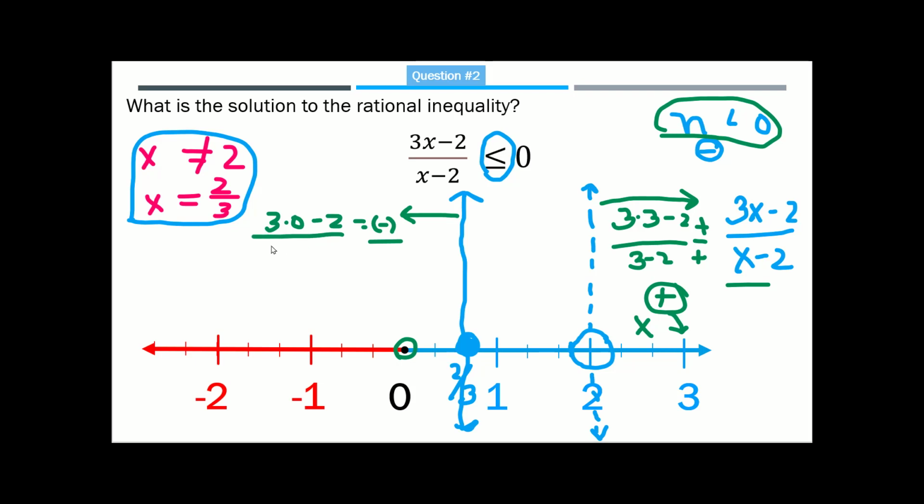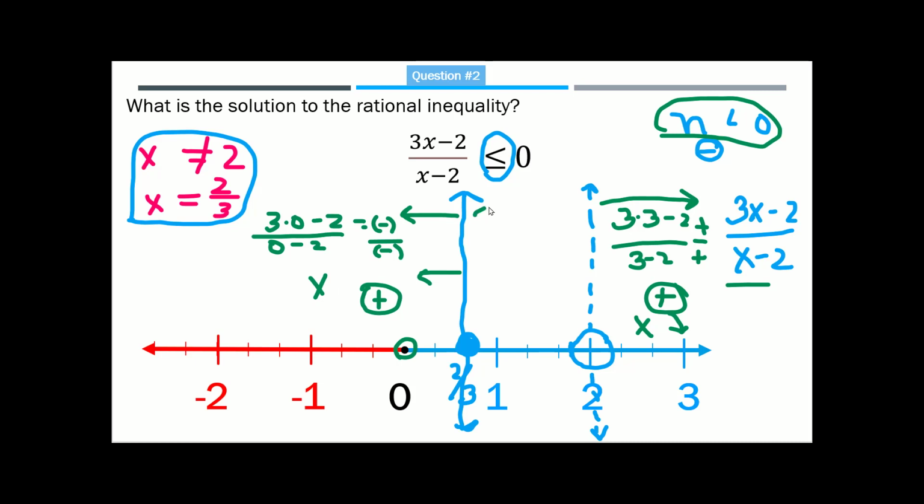And then on the bottom, 0 minus 2 also gives me a negative number. And a negative divided by a negative is a positive. And I'm looking for negative answers in that range. All the numbers in this range are going to act the same. They're going to give me positive answers. So that's not going to work. This area is not going to work.